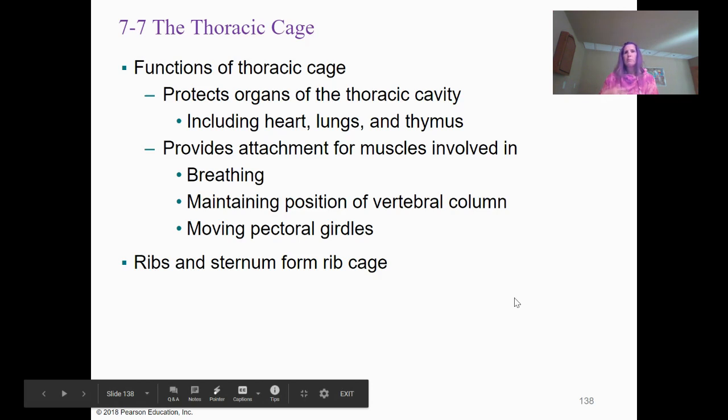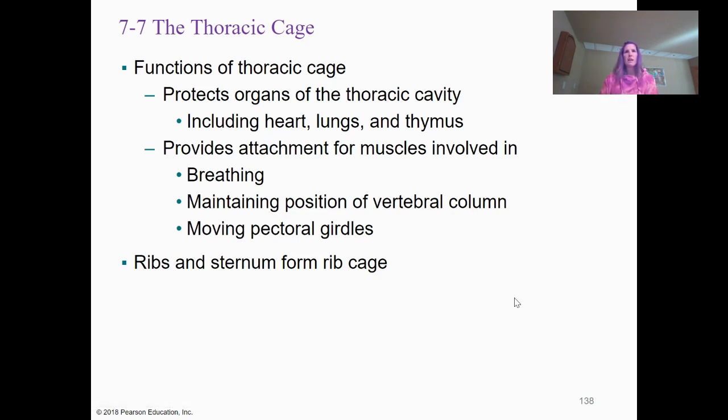The muscles in the thoracic cage get attached to ribs, and this helps with breathing. The muscles also help us sit upright, maintain our vertebral column, and move our pectoral girdle, which is right here where your pectoral muscles are.